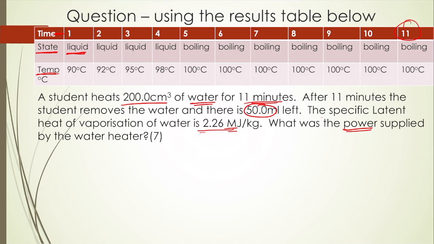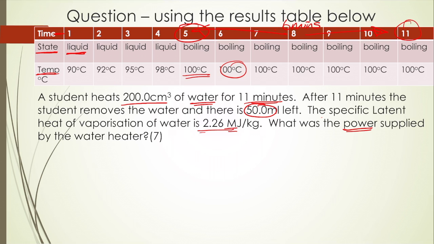Okay, so things to note. Water boils at 100 degrees C. When did it reach 100 degrees C? 5 minutes. So how long was it being heated for? It was being heated at 100 degrees C for 6 minutes. So from there to there, the water is boiling.